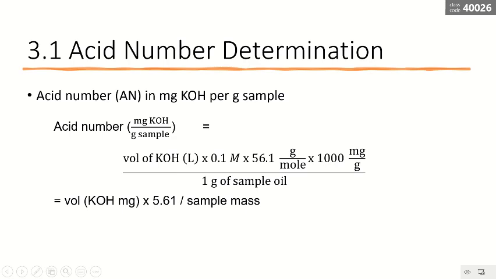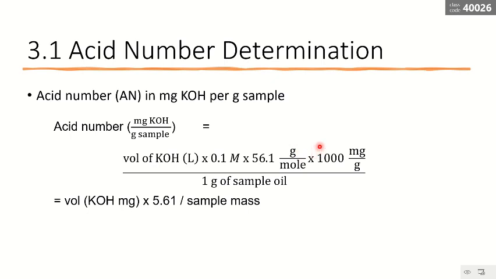It will be times the molecular weight of the potassium hydroxide, which is 56.1. You can leave the 0.1 there, it's okay. Okay, I change to my laser pointer again. So this 1, 2, 3, we just consider these three parts. It means how many grams of the potassium hydroxide were used.